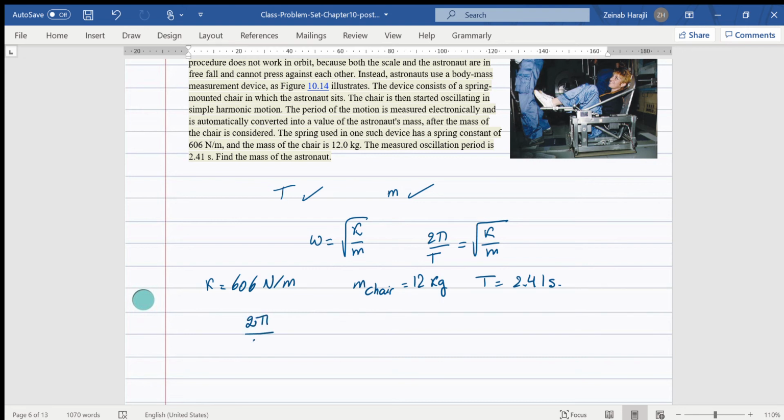First of all, let's just rephrase the formula for the mass. If we rearrange this formula, (2π/T)² will be k/m. So m will be kT²/4π².